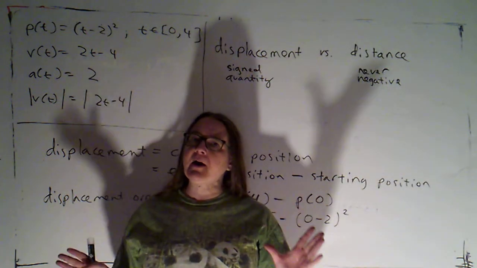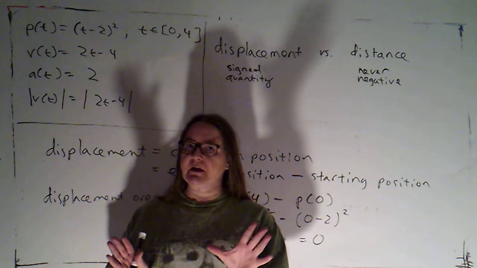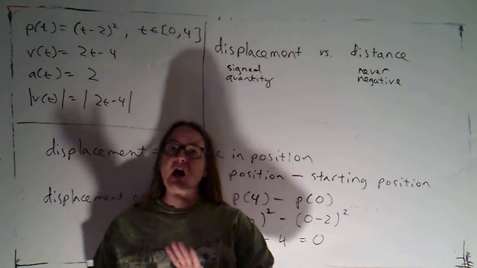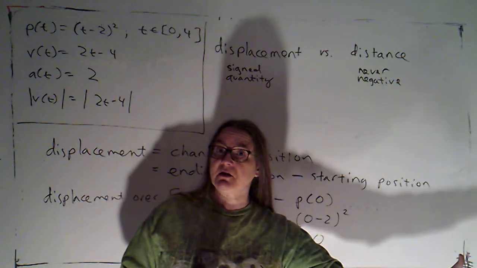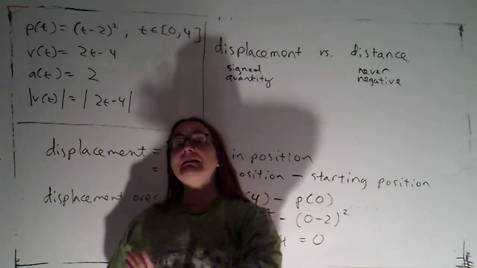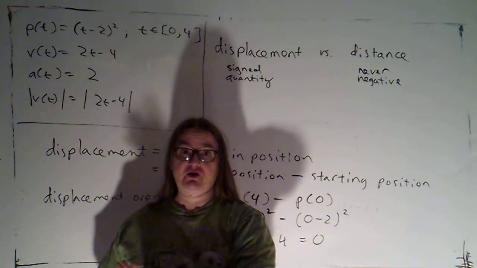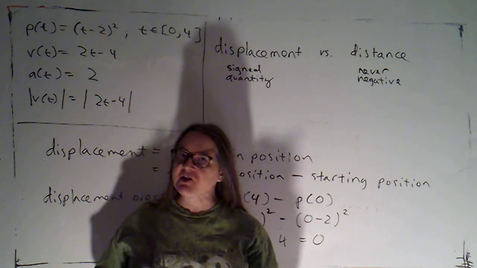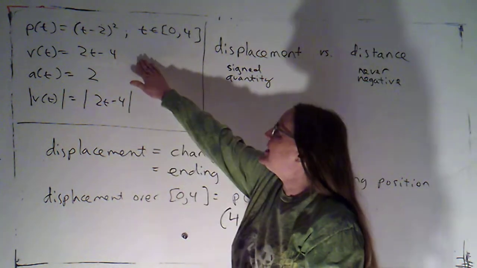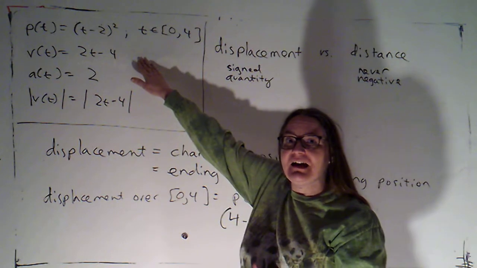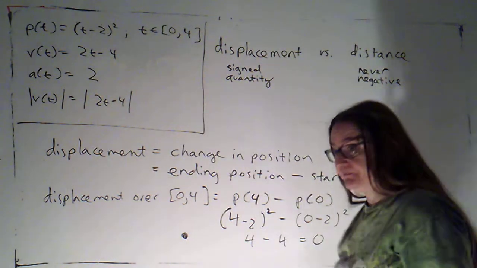So I would have to break the trip up into time intervals over which I was going in the positive direction and over which I was going in the negative direction. To know what direction I'm going in, I'm going to need to know the sign of the velocity.